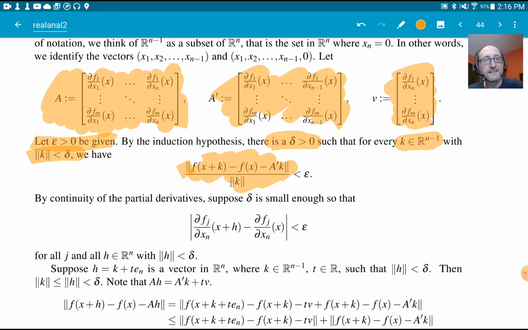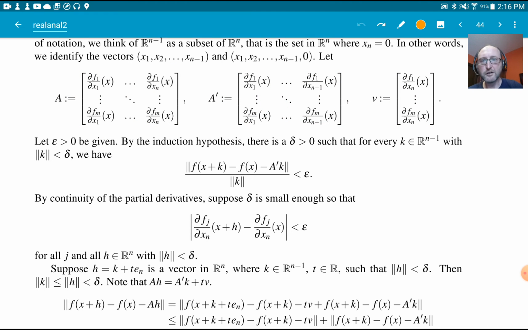And for that, if the derivative exists in the first n-1 variables, it is precisely this A prime. That's why I have A prime here. Okay. Now the partial derivatives are continuous.